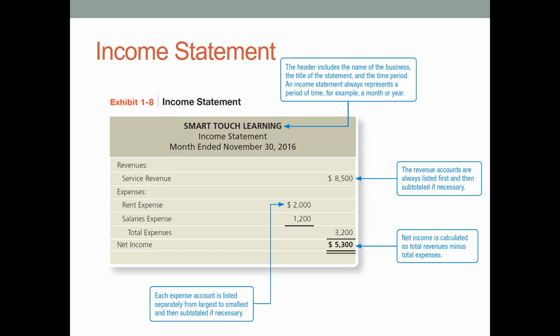So again, we first start with the income statement. Okay, so we have our revenues and we have our expenses all listed here. So we see we generated this much in revenue, we had this much total expense, and so this 5,300 is our profit for this period of time.